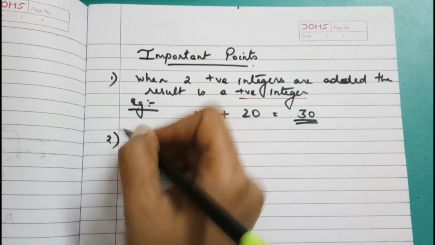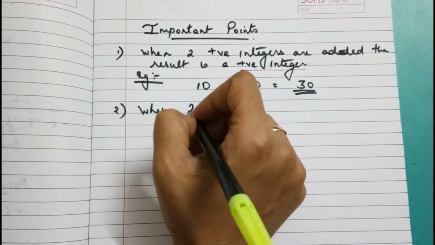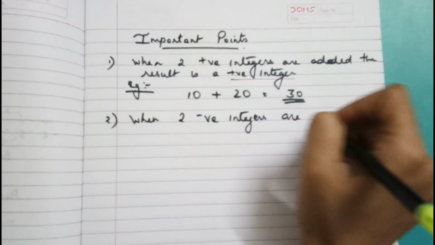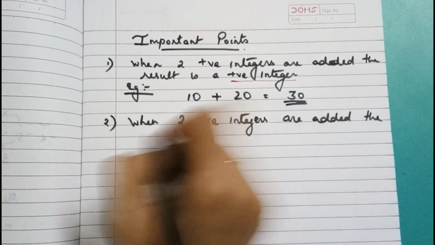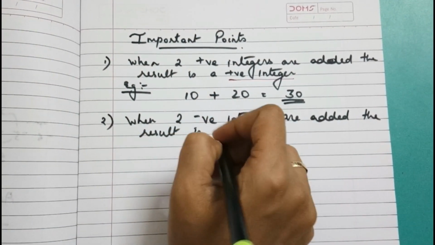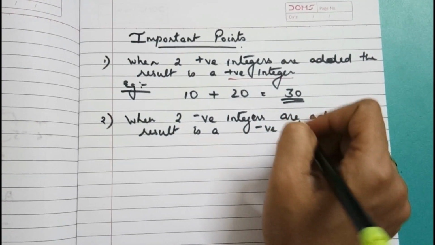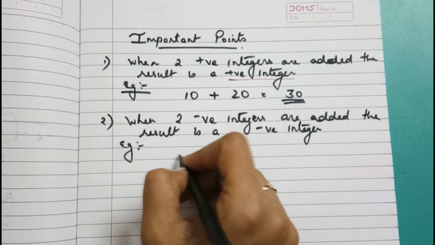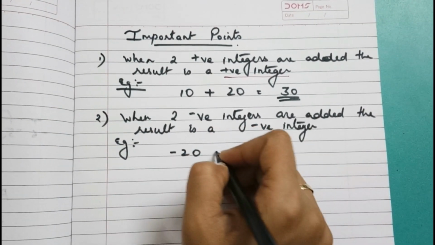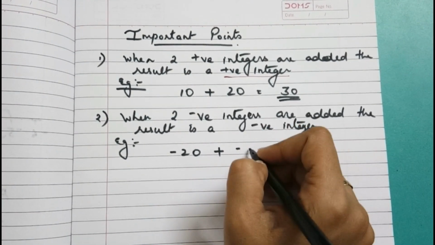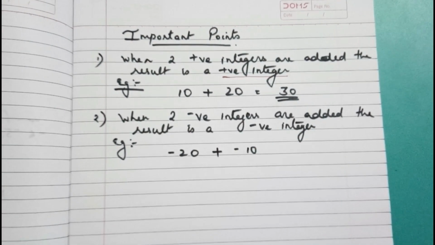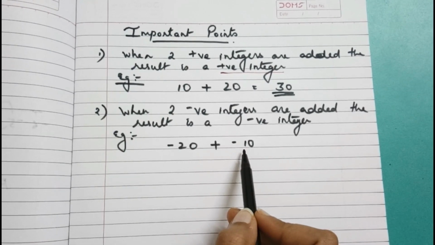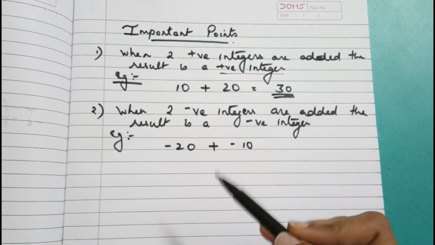So that's why it is said, when two positive integers are added, the result is a positive integer. Now, when two negative integers are added, the result is a negative integer. Let's see the example. Say minus 20 plus minus 10. Here both the integers are negative, but we are adding them. So what would be the result?